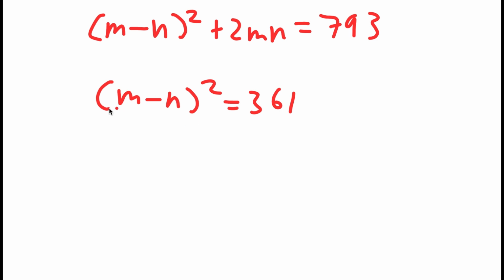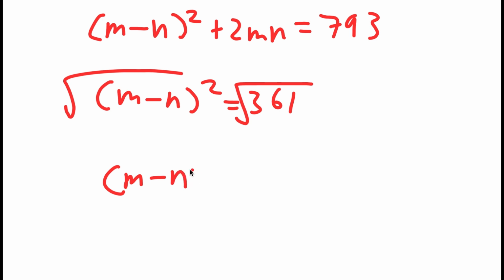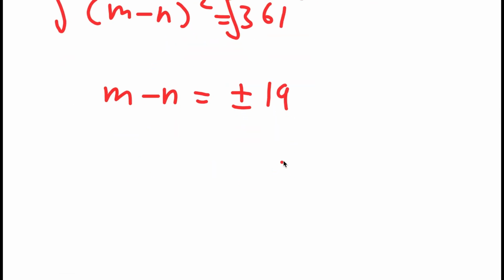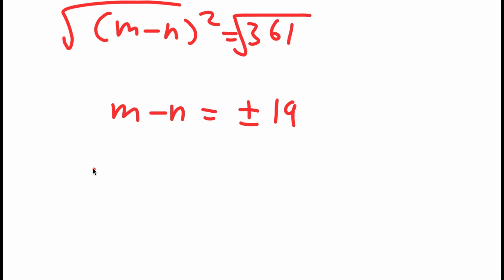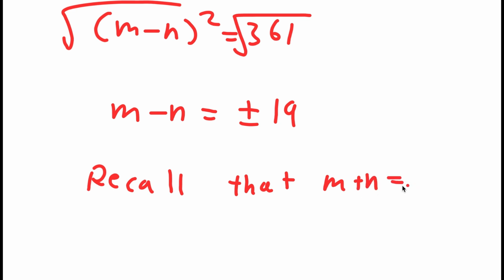And now, if I take the square root on both sides, I get that m minus n is equal to positive or negative 19. And now, going back, recall that m plus n is equal to 35.